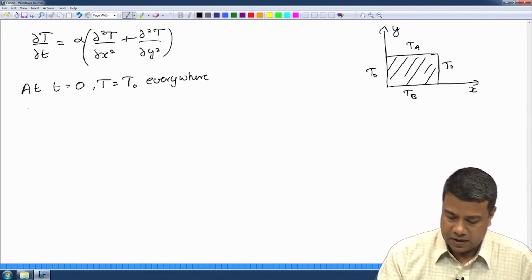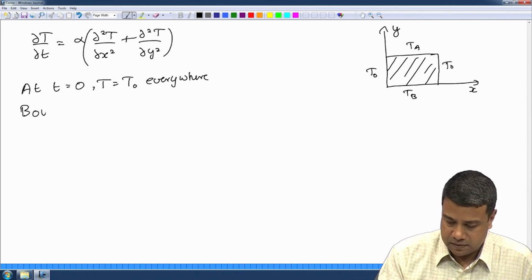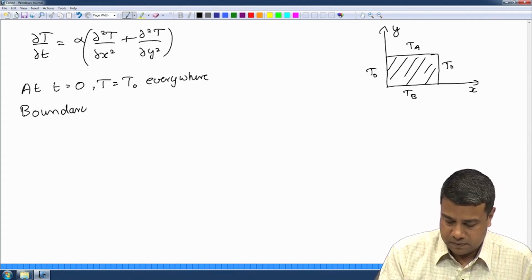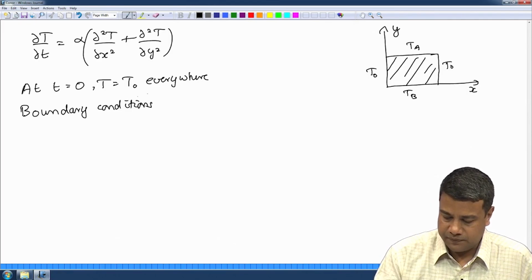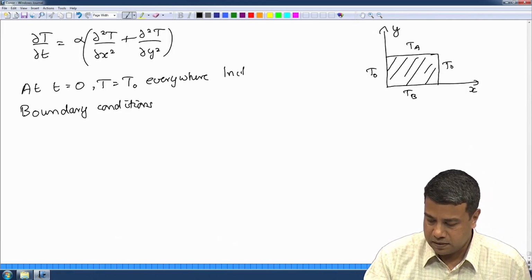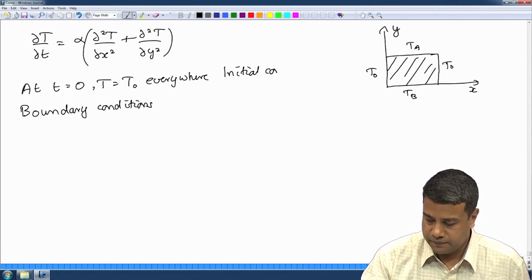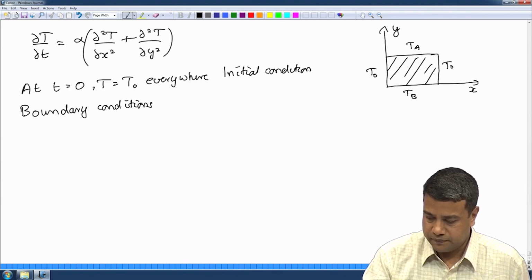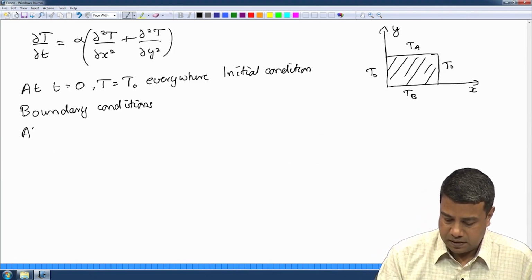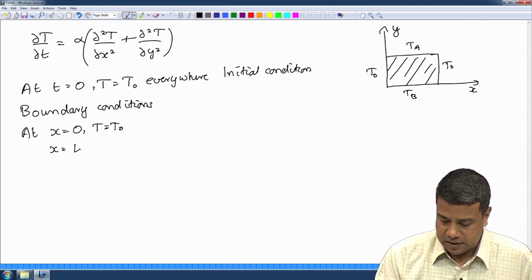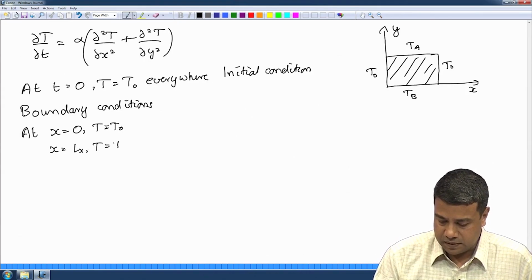Then I have the boundary conditions. So, this is the initial condition. At x is equal to 0, T is equal to T naught, x is equal to Lx, T is equal to T naught.